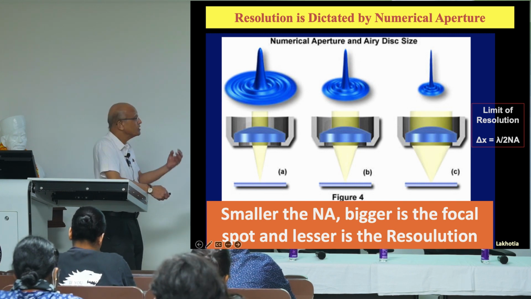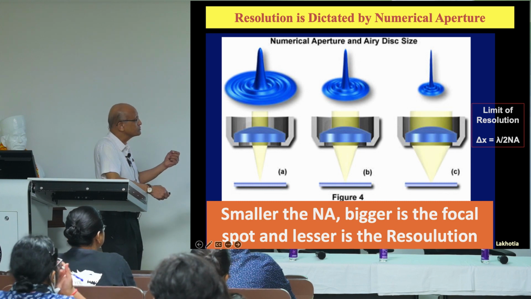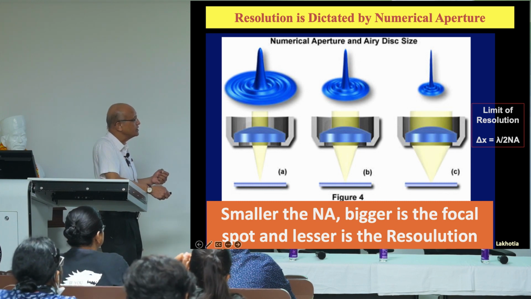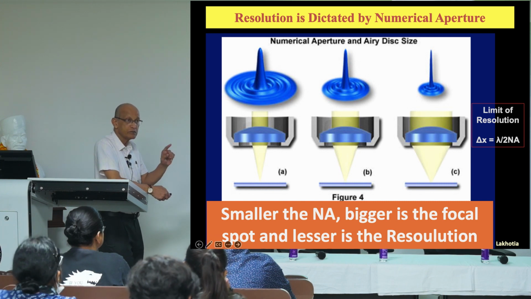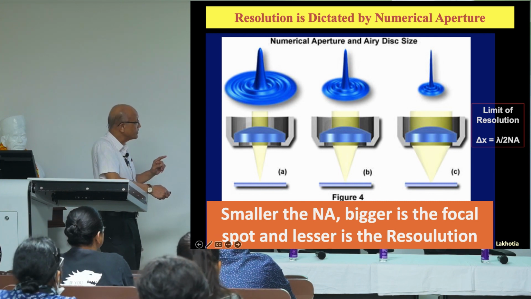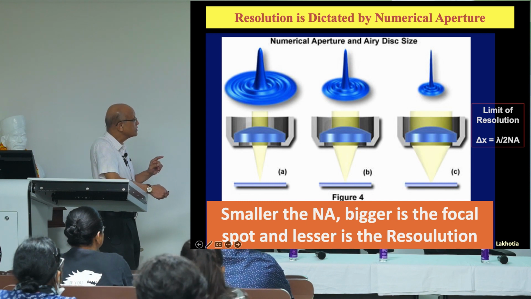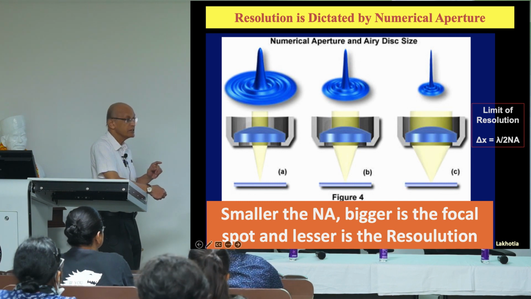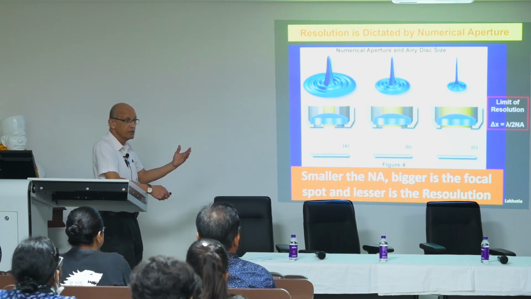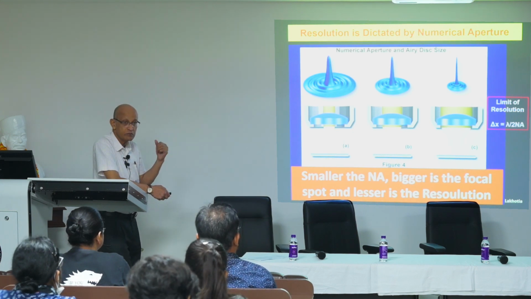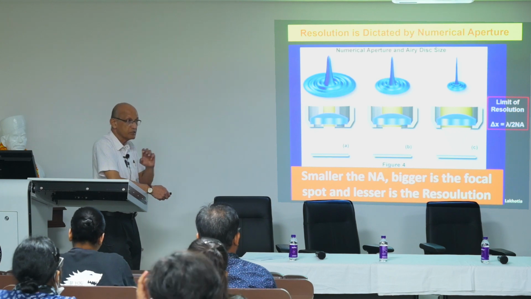And therefore, the minimum resolvable distance becomes smaller, because ultimately NA is the refractive index multiplied by sine theta. So the sine theta value of this will be more than that of this, and consequently, the denominator being larger, your minimum distance becomes smaller. That's the thing that you should know.